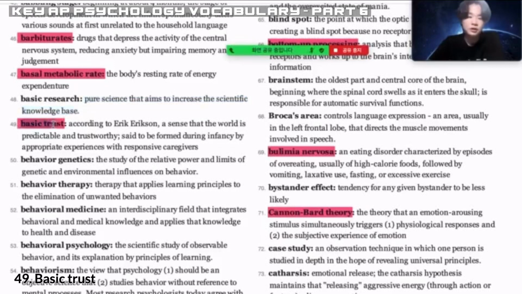Basic trust, according to Erik Erikson, is a sense that the world is predictable and trustworthy, and it is said to be formed during infancy by appropriate experiences with responsive caregivers.